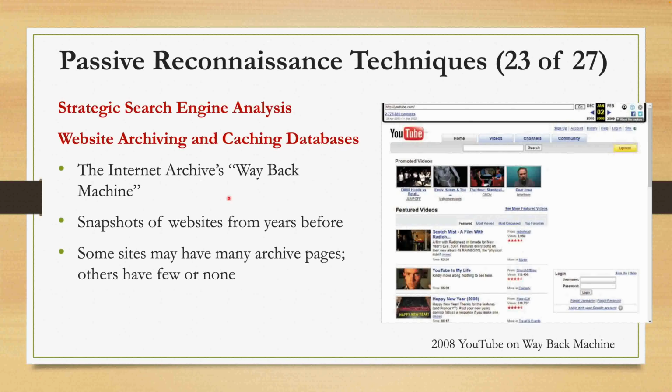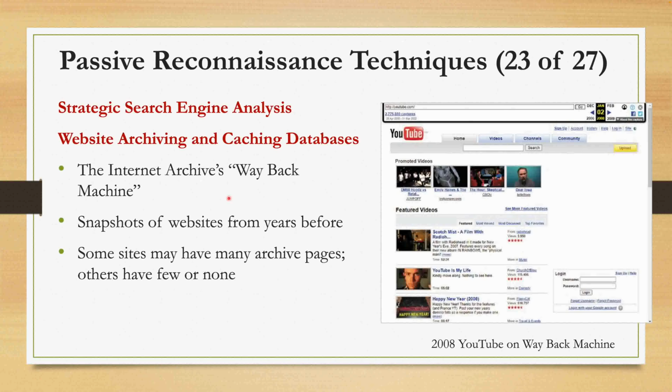It can also be helpful for recovery of deleted documents, files that got deleted in the current website but are there in archived pages. Also, historical pages can reveal outdated technologies or software used by the target organization a long time ago.